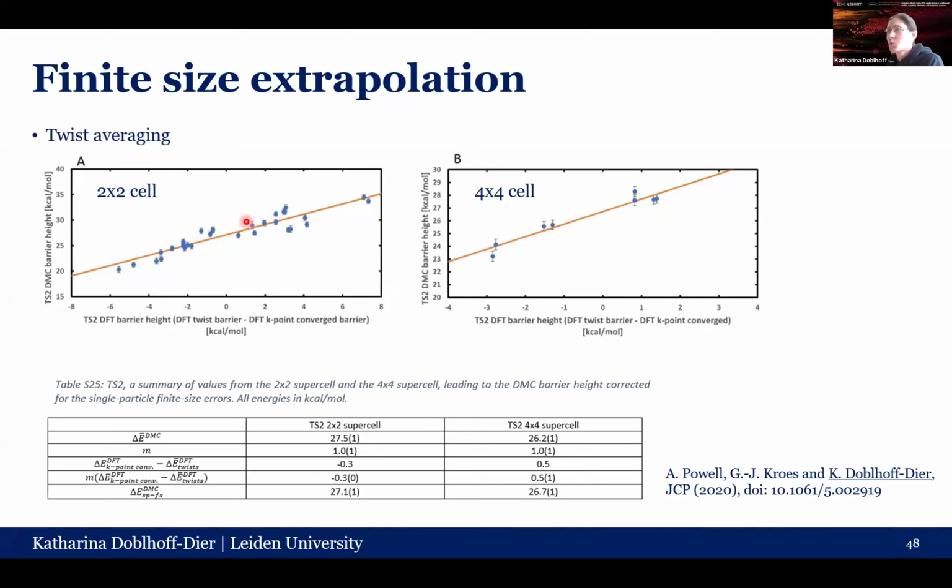And the trick is that we know that DFT typically gets lattice parameters wrong, and that this can have an important effect. So we expect QMC to actually get the lattice parameters correct. So we take the lattice parameters and the surface interlayer distances from experiment. We extrapolate to 0 Kelvin.